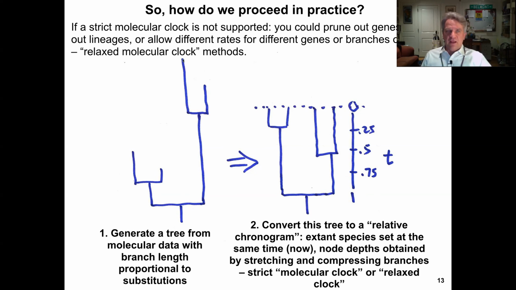This would fail a relative rate test if we were to look at the sum of this branch and this branch versus the sum of this branch and this branch.